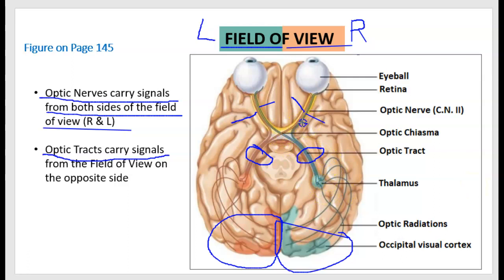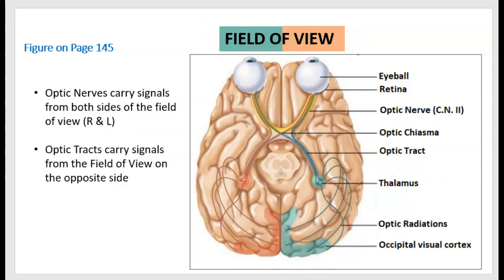So it gets split up in the optic chiasm. That's how it happens. And we're going to trace that pathway so that it's easy for you to predict what would happen to vision of the field of view if you had damage to an optic nerve versus an optic tract. It would be different. You'd have different results, different problems.